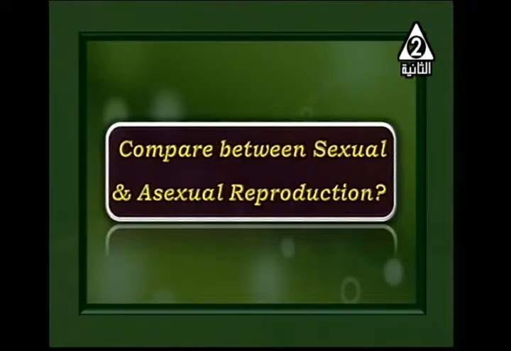I need you to compare between sexual and asexual reproduction, because it's very important to differentiate between them after studying all those types, like sporiform, sexual, and lateral conjugation in Spirogyra, and then alternation of generations. To recollect your information, here is a comparison between sexual and asexual reproduction. It's just rapid information to remind you what we saw in the last lessons.